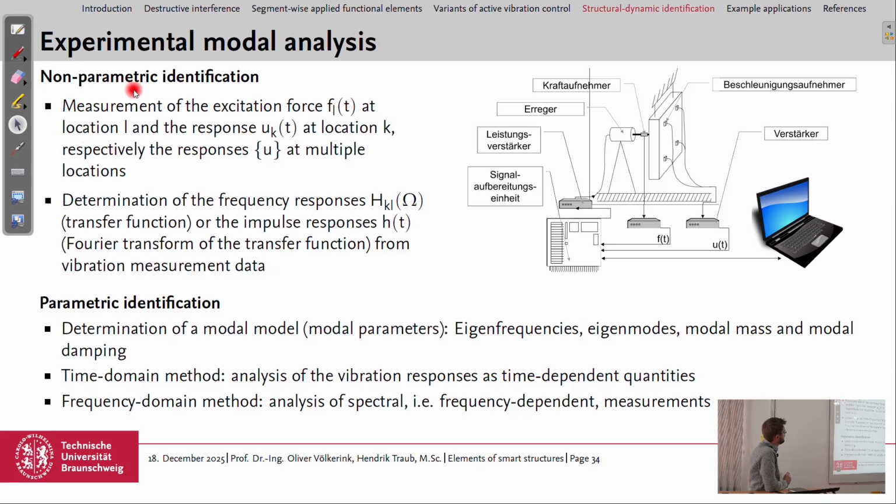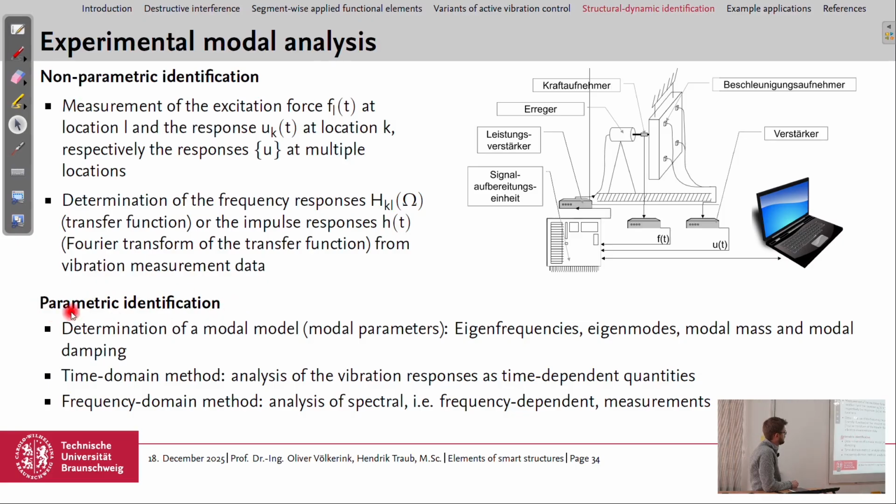In a non-parametric case, we measure the excitation force at the location L, for example, and the response at location K. And we do this for different responses at multiple locations. And with this, we can define our frequency response in terms of the transfer function, which we need to calculate the forces for the actuators.